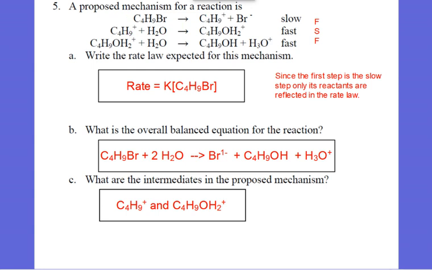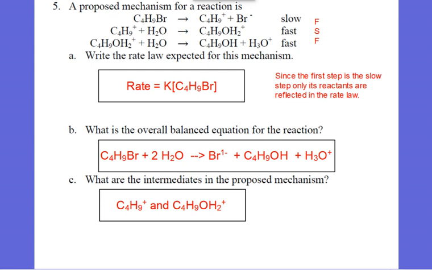Or if it was fast, fast, slow, then the C4H9 would cancel, and the C9OH2 would cancel, and so the reaction rate would actually just reflect those 3 reactants. And that kind of makes sense, because those are the 3 reactants we're seeing in the overall balanced equation. So if the reaction was based off of the third step, then we would expect it to include all of the reactants.